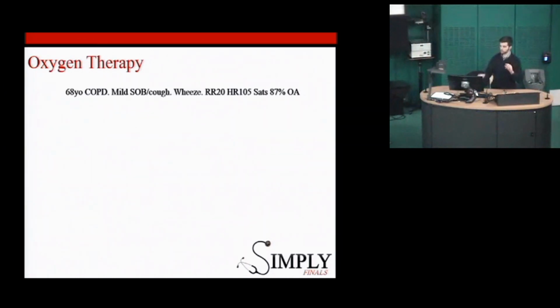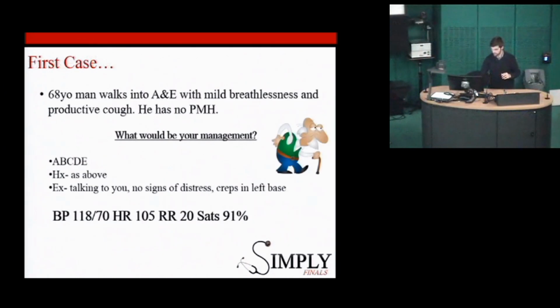Which brings me on. So what oxygen therapy would you give to this gentleman if he walked into A&E, SATs of 91? Nasal cannulae. Can someone in this front row just grab either nasal cannulae? Why don't you take it? So take nasal cannulae. Or what else could we give him? Hudson mask.